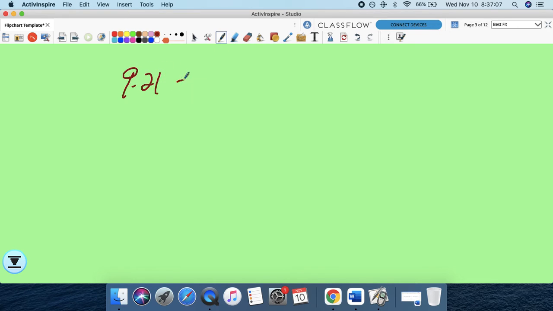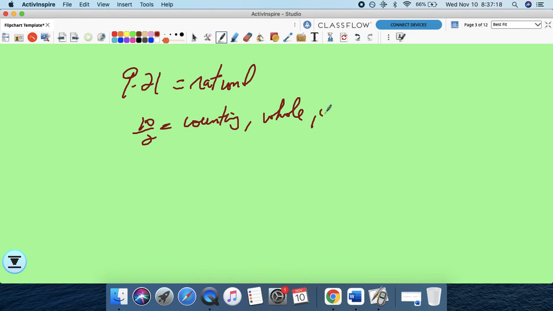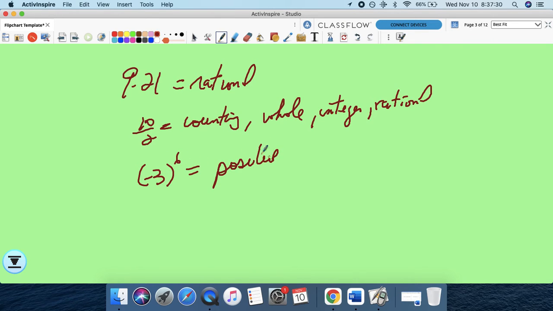9.21 is just rational. They're all real, but that's just rational. 10/2 is counting, whole, integer, and rational, right, because 10/2 is really 5. This, I don't know what that is, but I know it's a positive whole number.